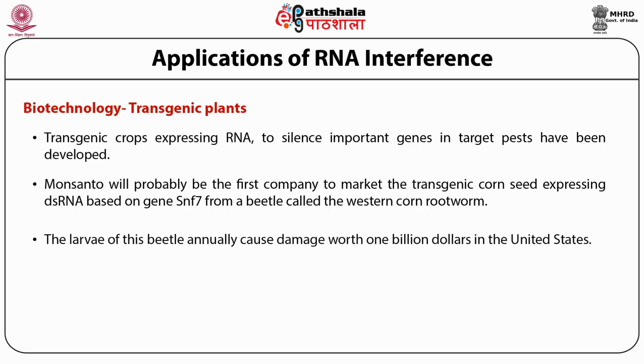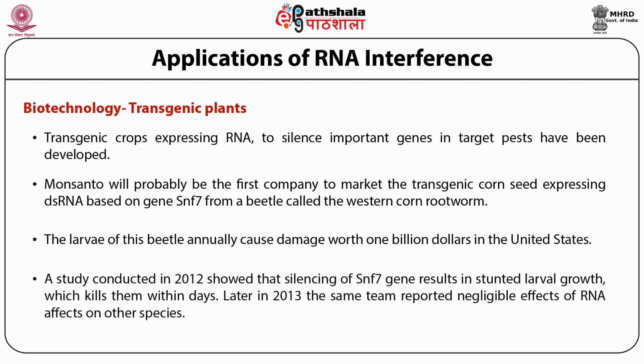The larvae of this beetle annually cause damage worth $1 billion in the United States. A study conducted in 2012 showed that silencing of this gene results in stunted larval growth, which kills them within days. Later, in 2013, the same team reported negligible effects of RNA interference on other species.